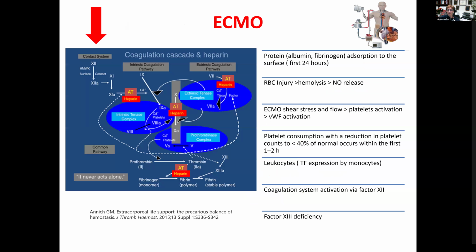In a patient with ECMO, there are several conditions that can potentially give a prothrombotic state, especially hemolysis and shear stress, which lead to platelet activation. Leukocytosis leads to tissue factor expression, and there is also factor 13 deficiency. All this leads to dysregulation of the hemostatic process in ECMO patients.